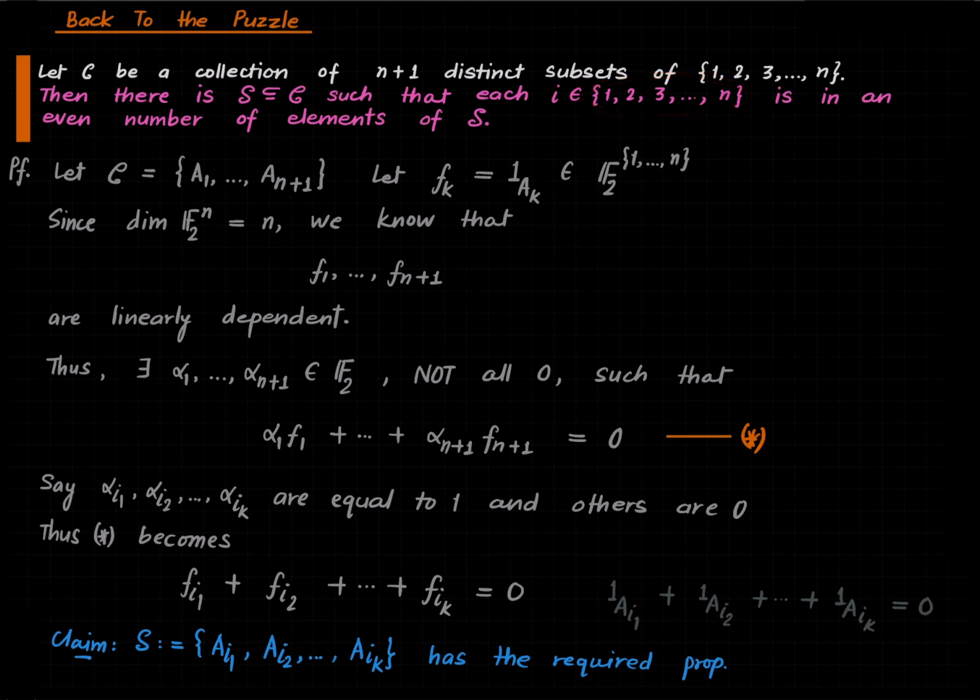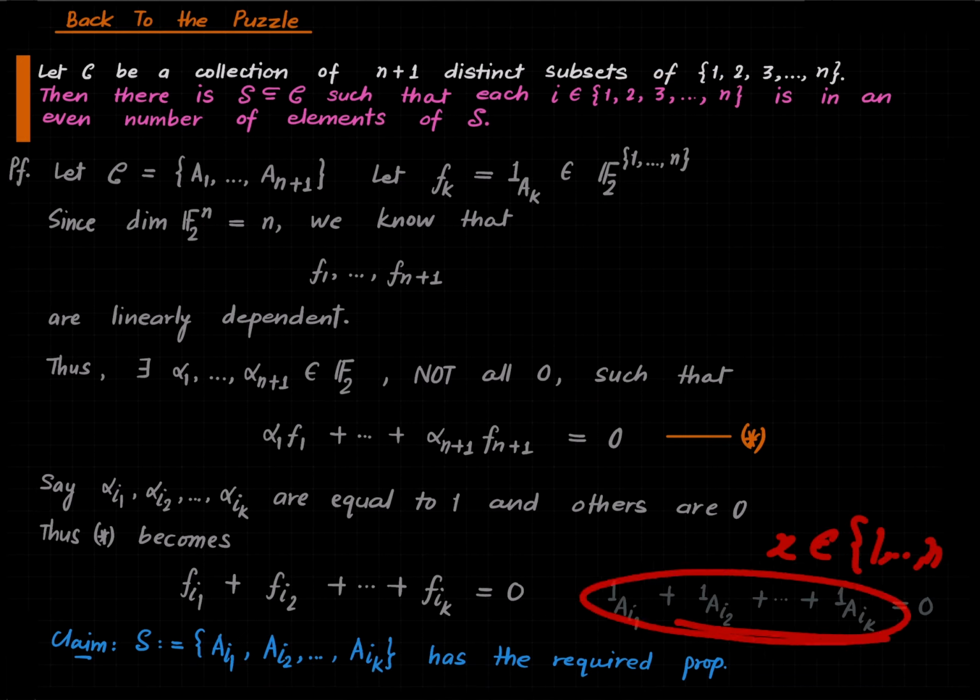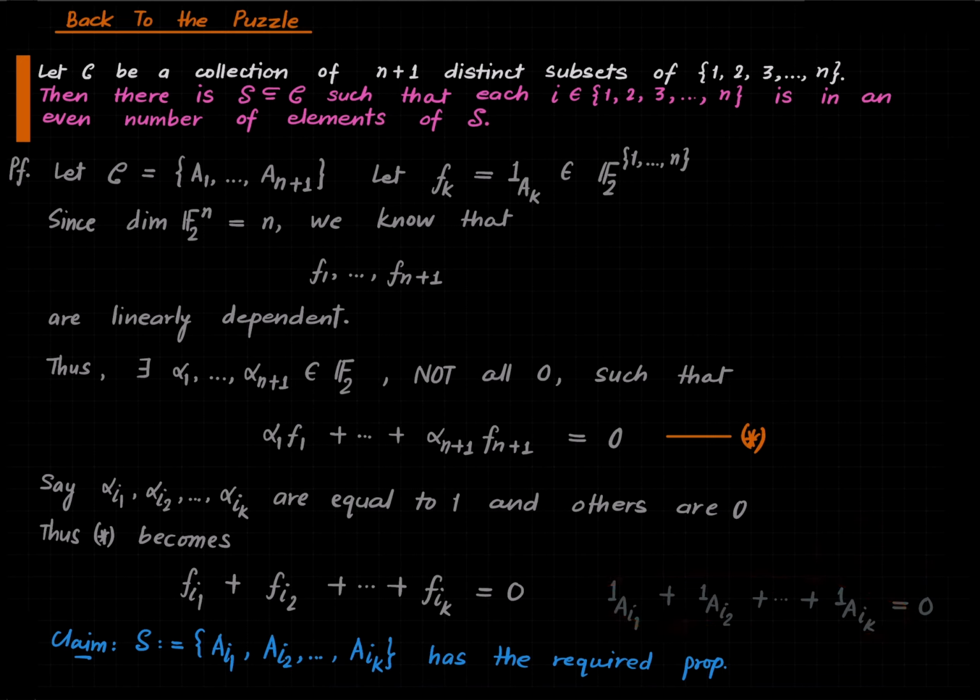So you fix some x in 1 up to n. We want to show that it lies in an even number of these sets. But that's very clear because this being 0 means what? It outputs 0 on every input, which means once you feed x in it, this is 0 for all x. Fix a particular x.